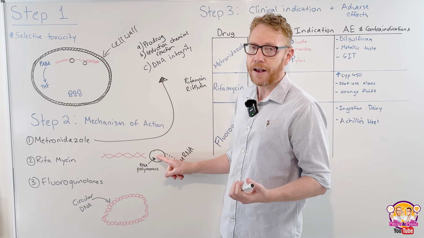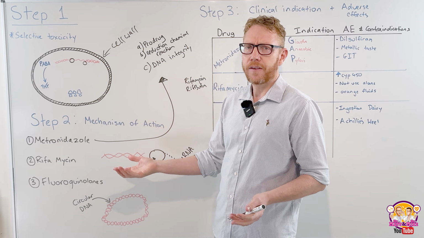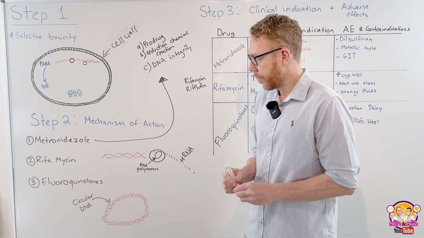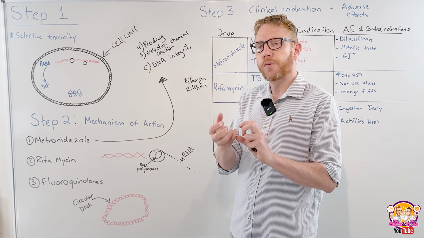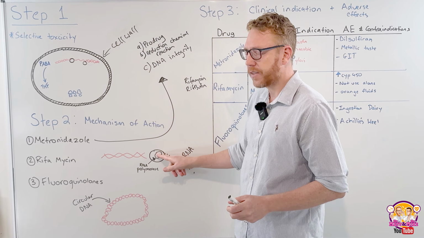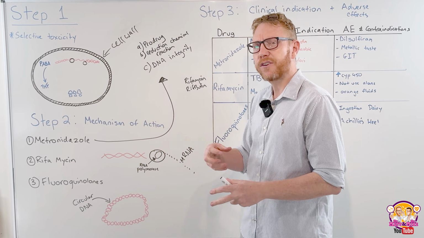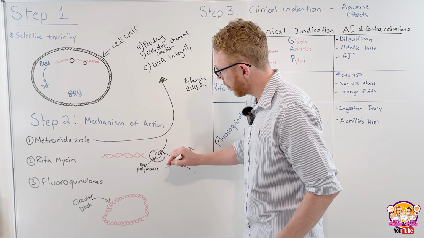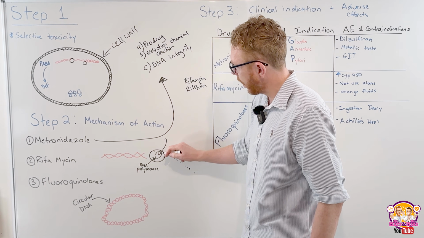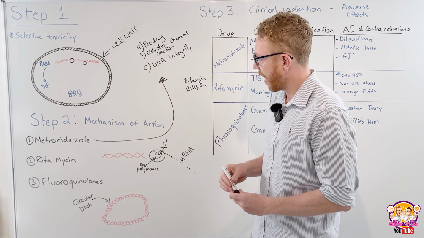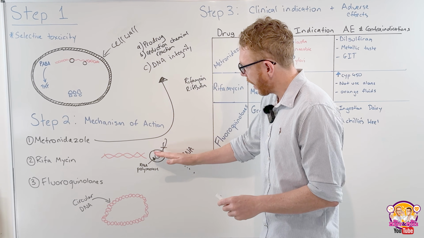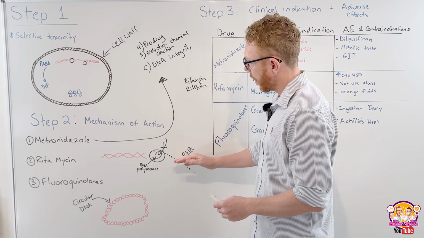So we do this in our cells, bacteria do it in their cells, but they have a specific beta subunit. So the RNA polymerase is a group of proteins. One protein is the beta subunit, which is a different shape to the human subunit. So when the rifamycin binds to it, it blocks that subunit, therefore the RNA polymerase changes its shape and the mRNA can't be spat out the back.